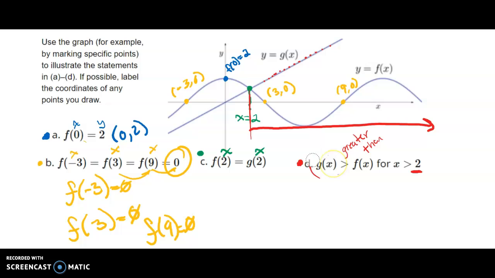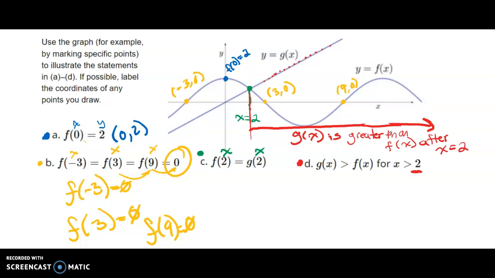So what I'm going to write here on my little line that I drew is g of x is greater than f of x after x equals 2.